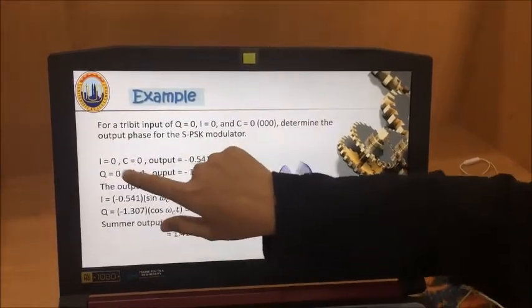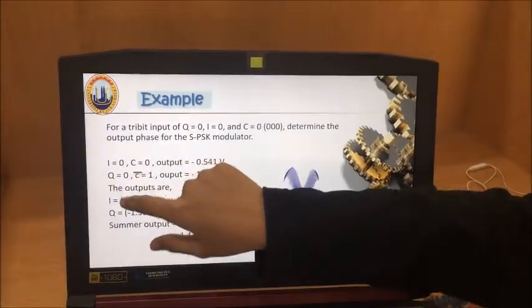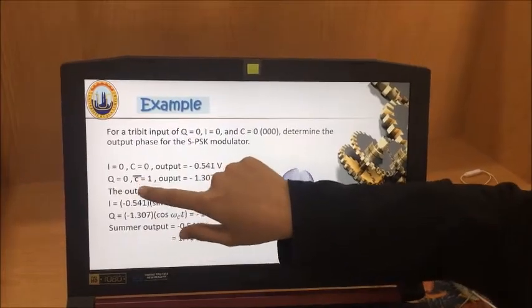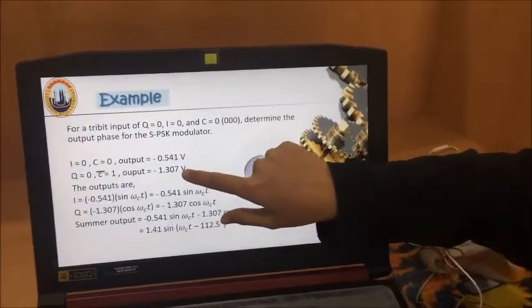If we take the C, C is for the I, but the Q is for the C bar, so the output is negative 1.307.